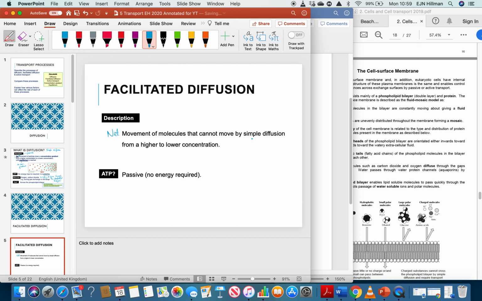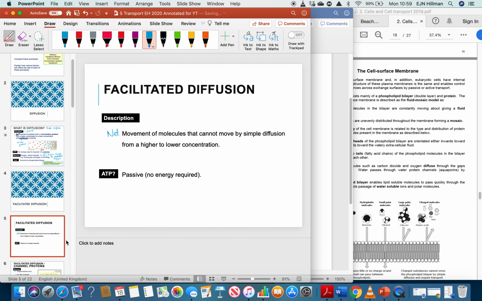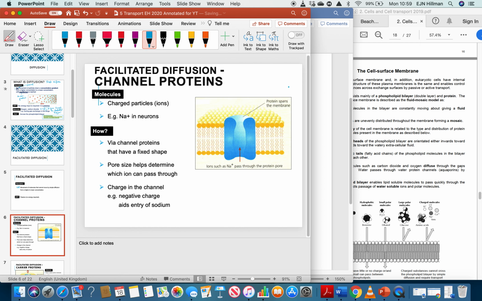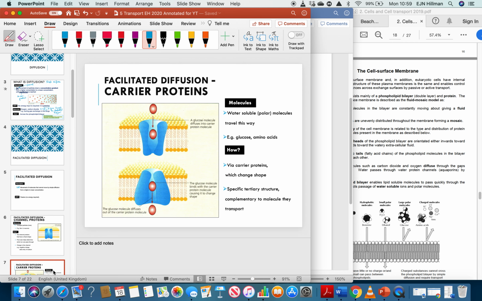It is passive, but it does require some form of protein. Dotted throughout the phospholipid bilayer are channel proteins and carrier proteins.